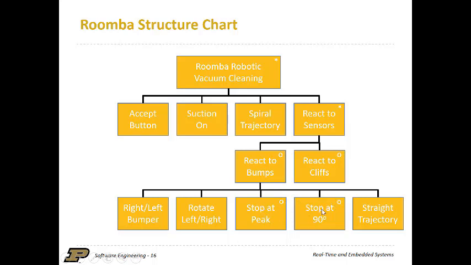Stop at one of those, and then go on to the straight trajectory. Again, react to cliffs. You could draw down here, either underneath, or you could draw to the side to do the same type of expansion of what reacting to the cliffs means. I just didn't do it here, ran out of space.